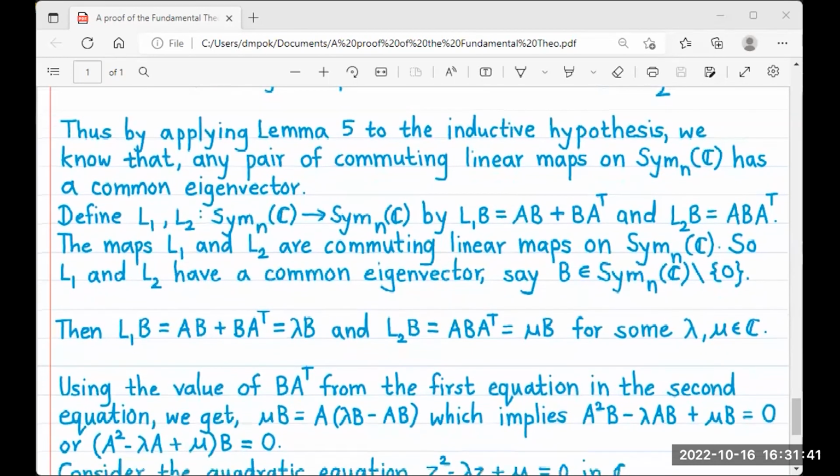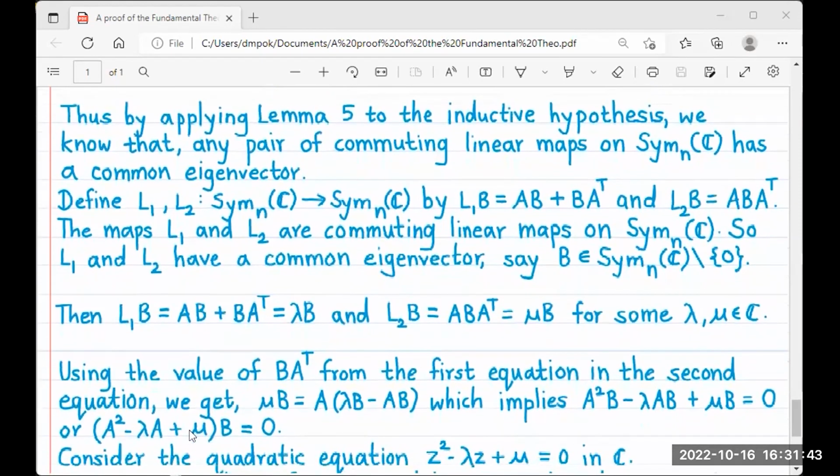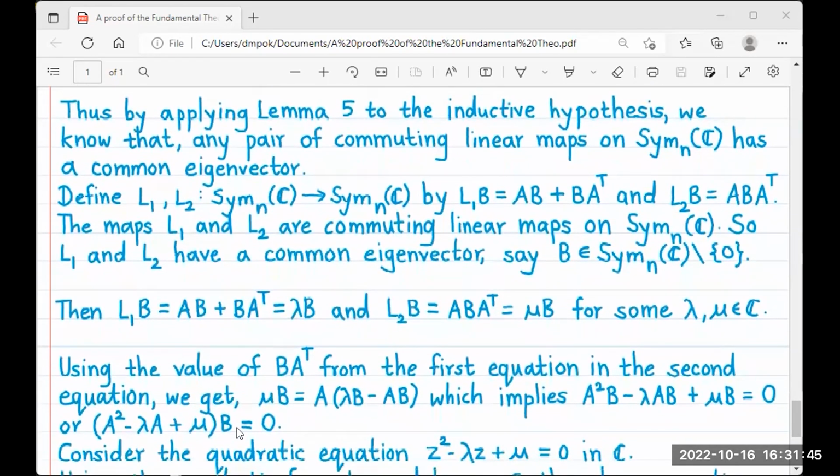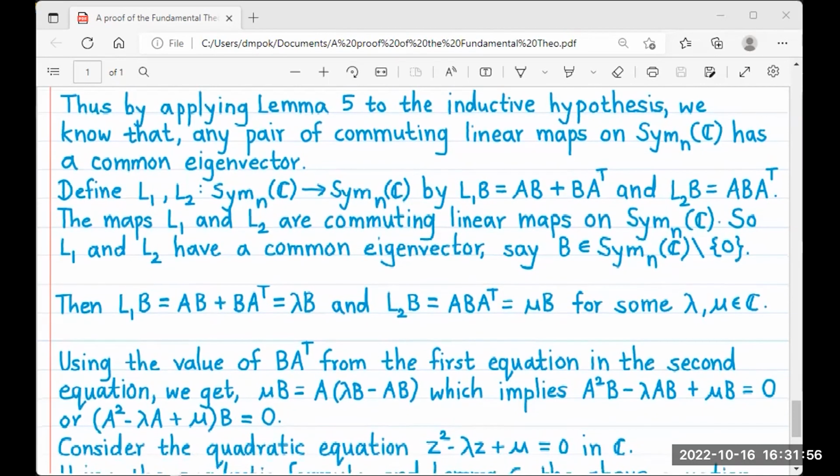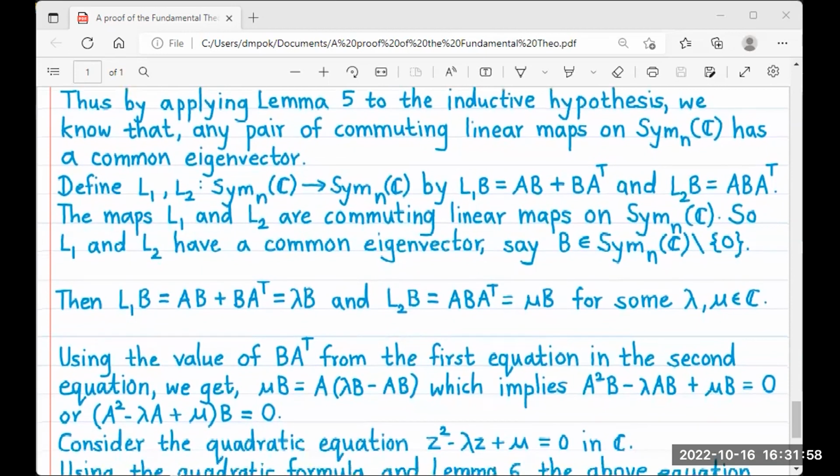And if we consider the quadratic equation corresponding to this matrix equation, we will get Z² − λZ + μ = 0. This is a quadratic equation in C. So we can use the standard quadratic formula to find the roots of this quadratic equation.